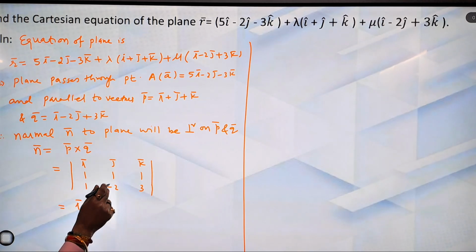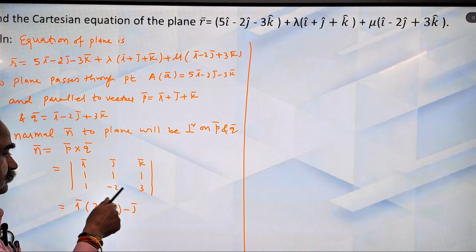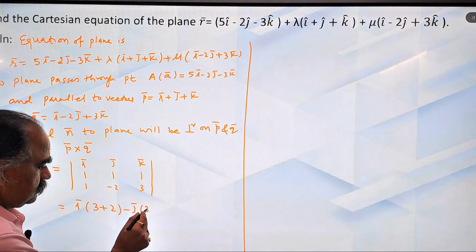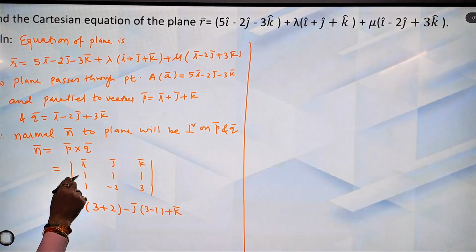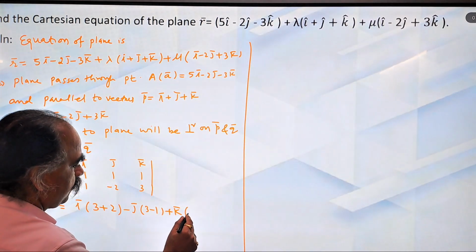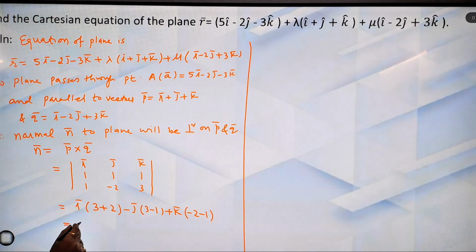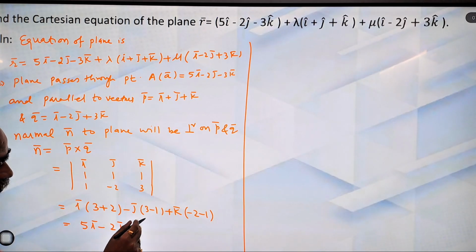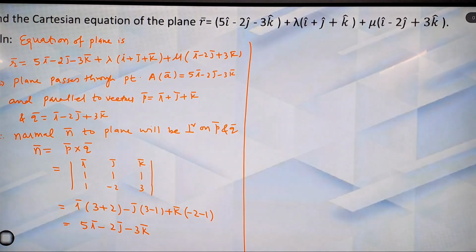So i bar into (3 + 2), minus j bar into (3 - 1), plus k bar into (-2 - 1). That is 5i - 2j - 3k.